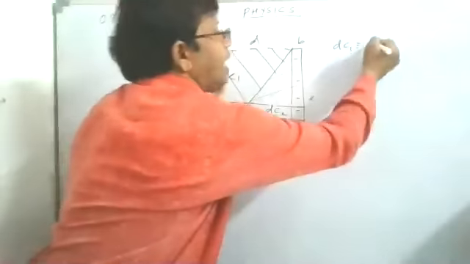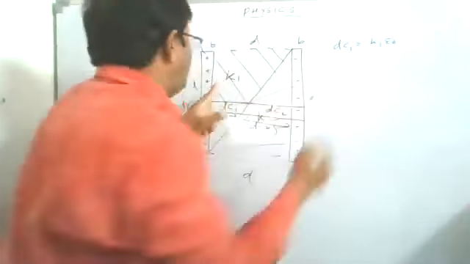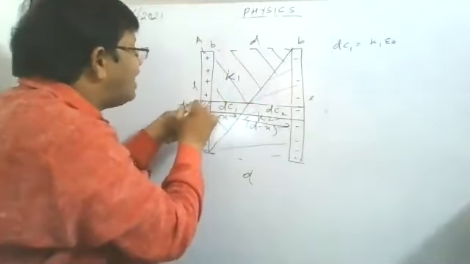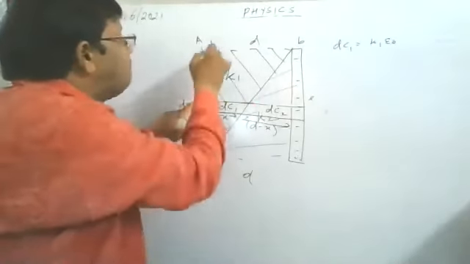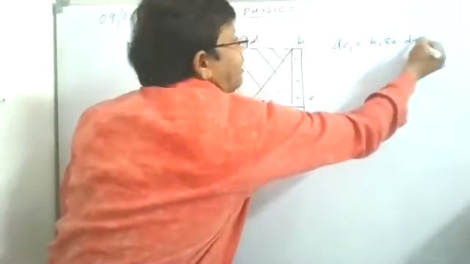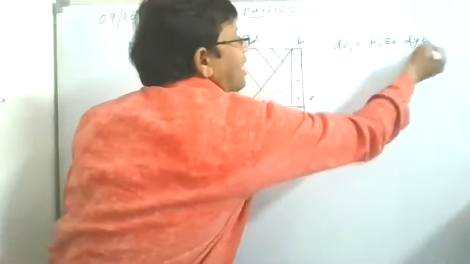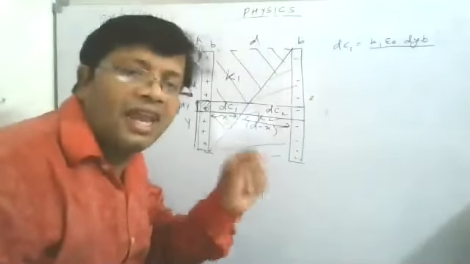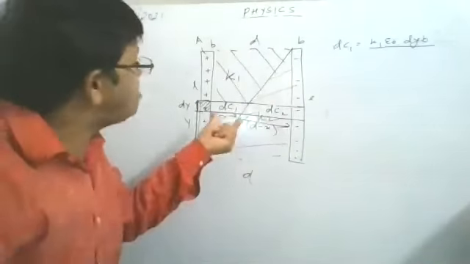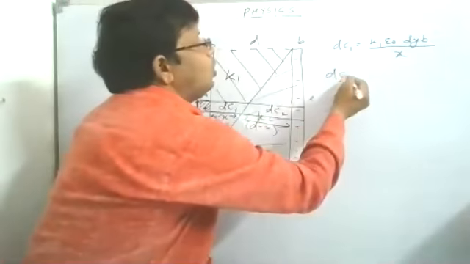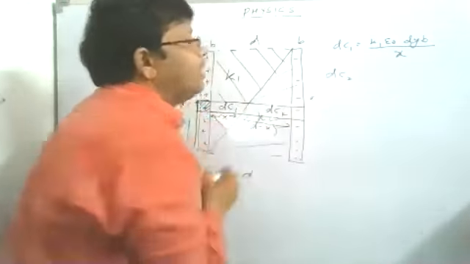Now can anybody say what is the value of dC1? K1 epsilon naught, what is the area? The area of this region is length into breadth. What is the breadth? B. What is the length? dy. dy into b, length into breadth, upon the separation of this region, which is x. Now similarly dC2.